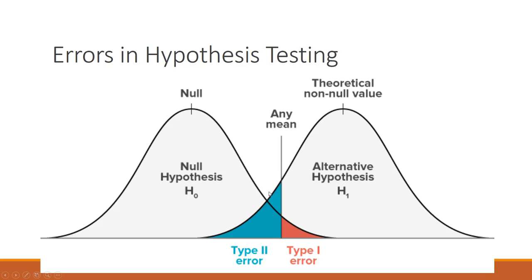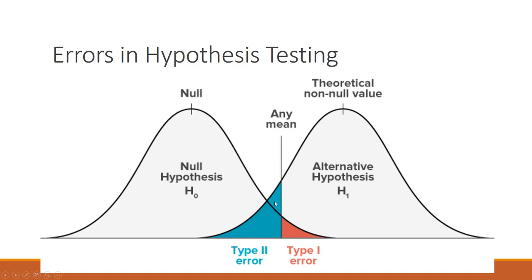Well, what's the probability of committing that type 2 error? That is the space underneath the distribution for the alternative hypothesis and to the left of the cutoff. So that's this blue space here. This blue space is the probability of committing a type 2 error.